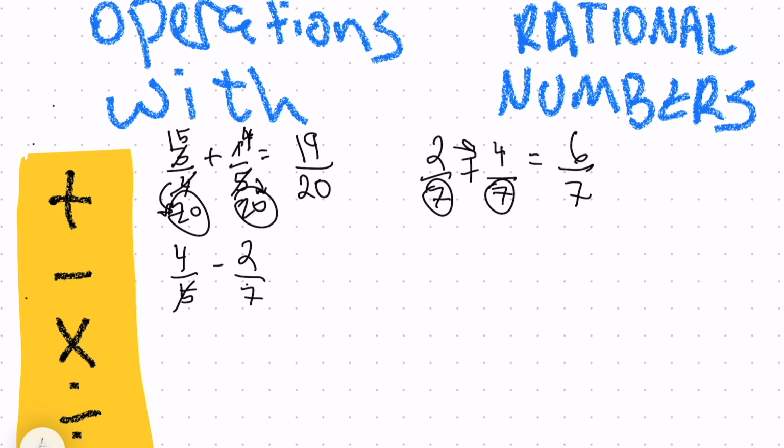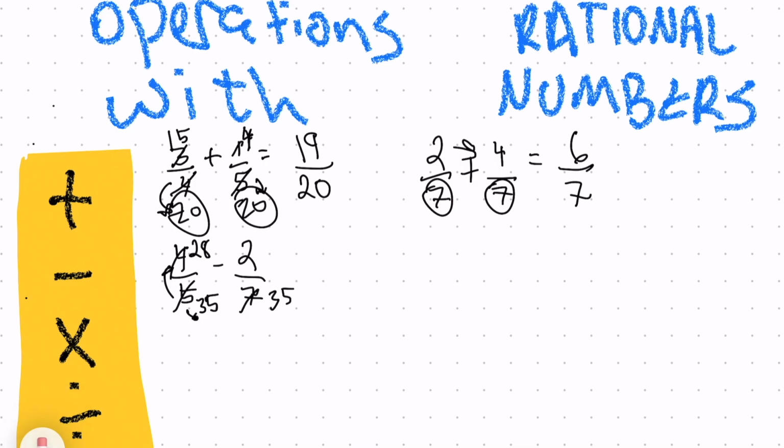So we can scratch out the 5 and the 7 and replace it with a new common denominator of 35. And then we ask ourselves, how many times did 5 go into 35? And that was 7 times. And 7 times 4 is 28. And then we'll do the same thing for the second fraction.